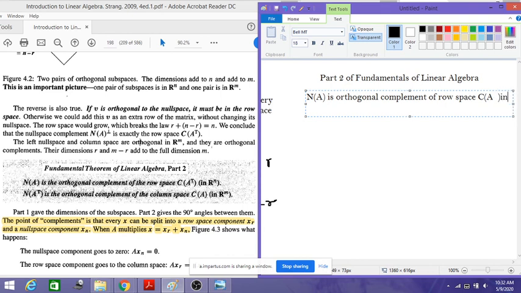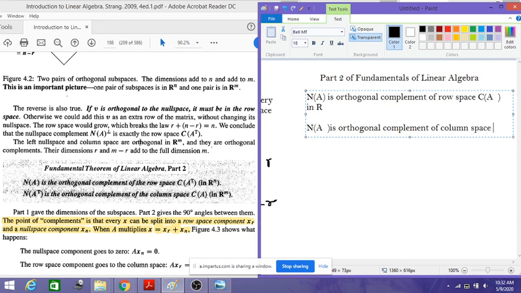in R power n, and the N of A transpose is the orthogonal complement of the column space C of A in R power m.